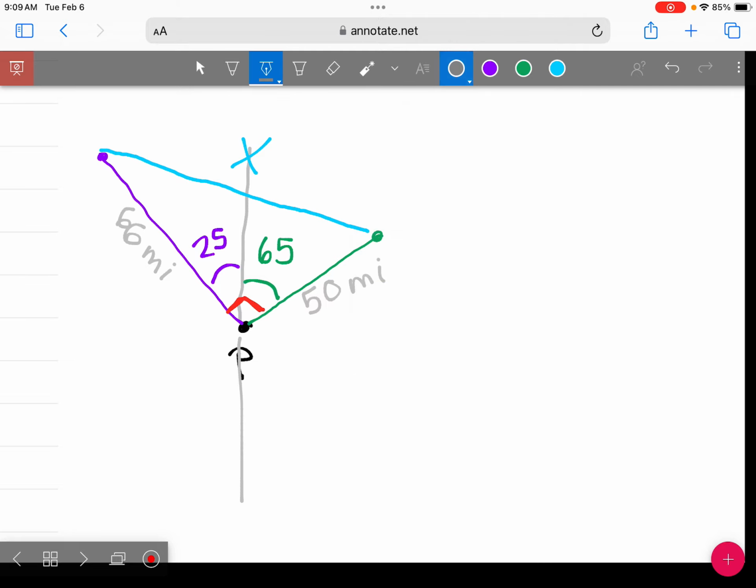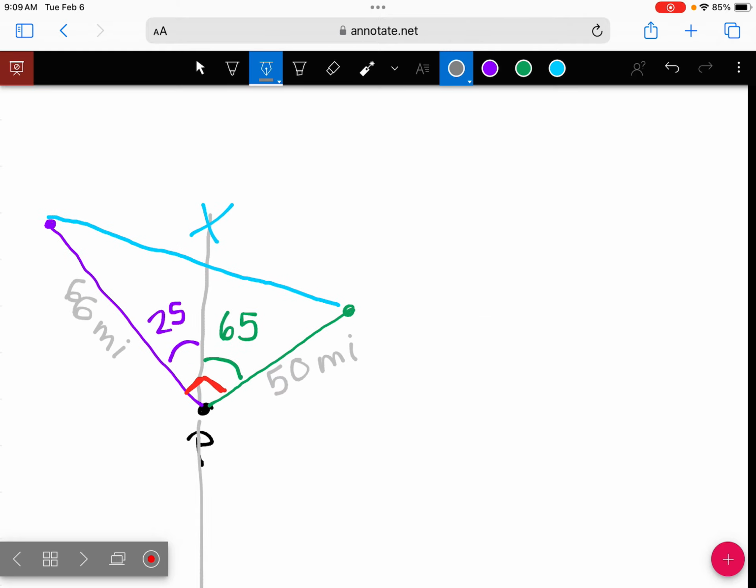All right. So we're going to take both of the legs. We're going to take 50 squared plus 66 squared equals our hypotenuse squared, which I just put as an X because I made choices. Oh, I left my coffee. 45,000. 36,500.